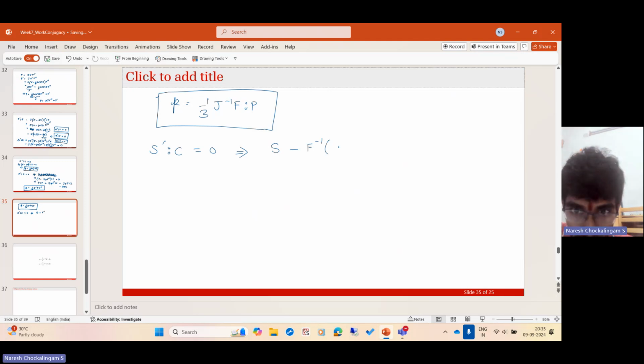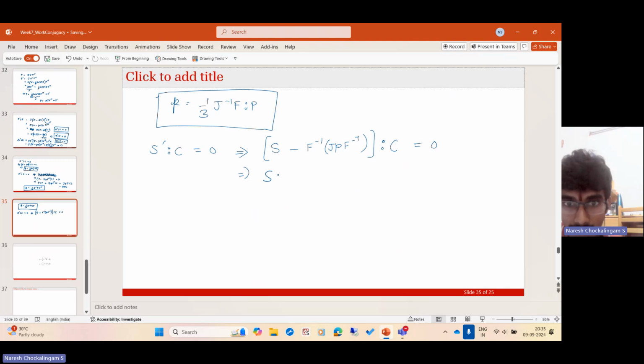So F inverse of, what is the Piola transform of pressure? It is J P F inverse transpose contracted with C. What is C? C, let it be C only, is equal to 0.